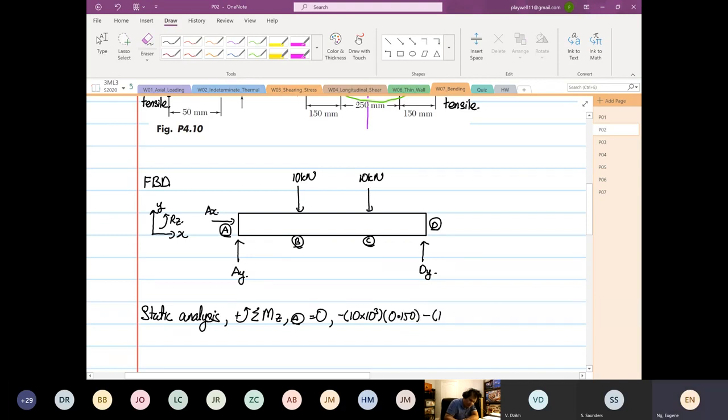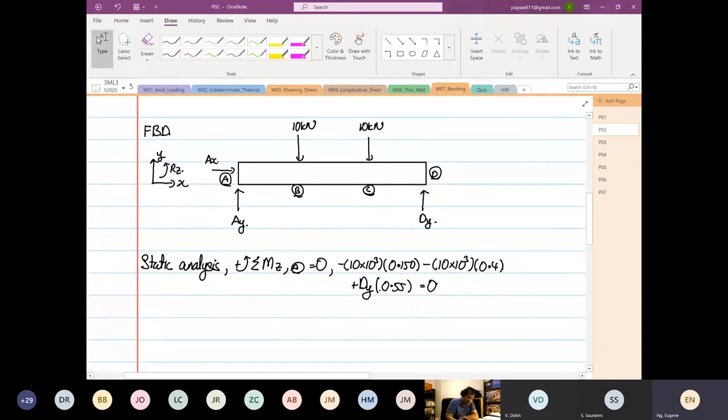Then minus 10 times 10 to the power 3 again, multiplied by 0.4. And then plus DY multiplied by 0.55. The whole thing will be equal to 0.